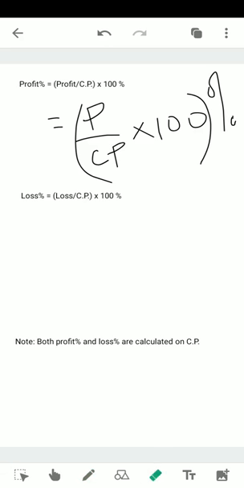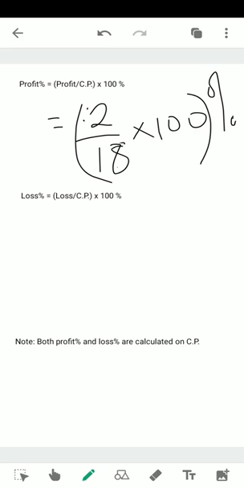Our profit was 2, right? 2, and your CP was 18. So in the last module, we have discussed percentage. So all of you should be familiar with how to calculate. You can just simply reduce it to lowest terms and do some cancellations. You will finally get the answer. This is how we calculate the profit percent. Same goes with loss percent as well.